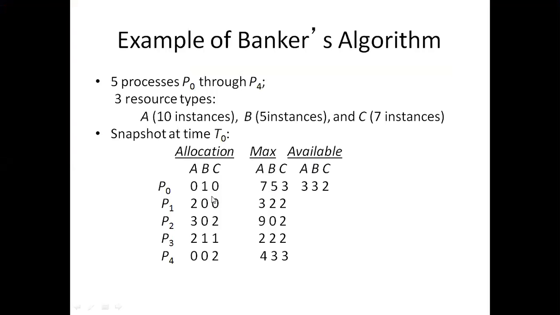Already we have allocated 0 1 0. How much do you require? In order to get the need, you need to subtract allocation from max. For example, in the previous example, 7 A's, 5 B's and 3 C's are required by P0 as maximum, 7 5 3. How many did you allocate? 0 1 0.